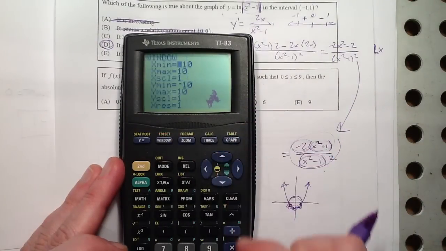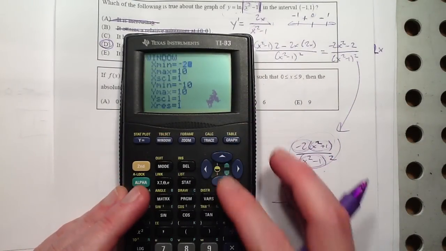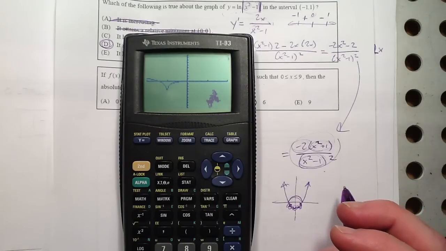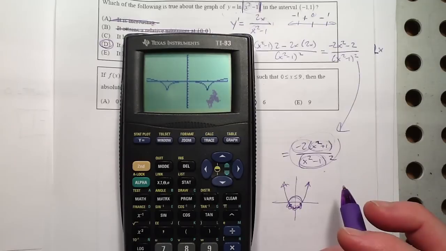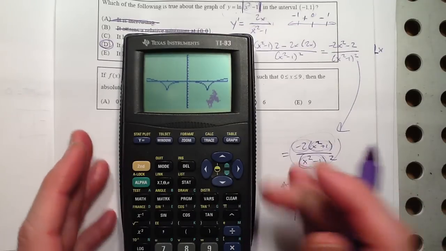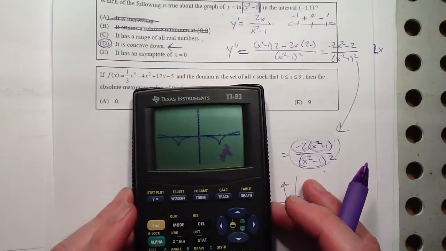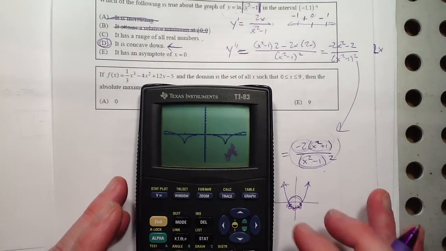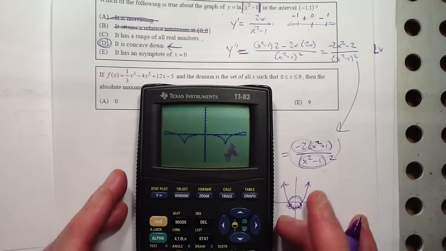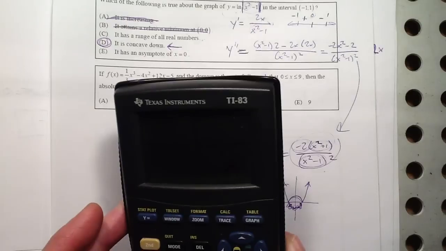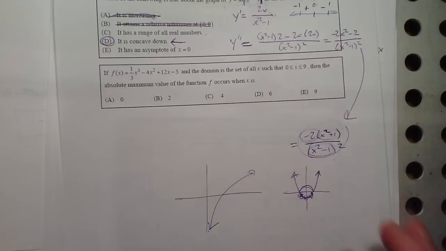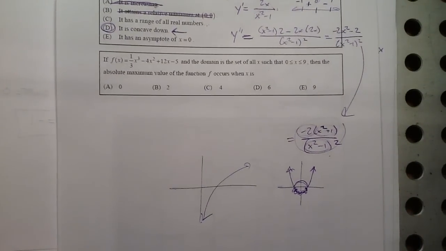So let's say window from about -2 to 2. Let's try that. So it looks like I'm going to have to think about that, and it's not going to happen right now, but why the range? It looks like it's only going down to -1 and then flipping back up. I'll have to think about that. So anyway, D is the correct answer.